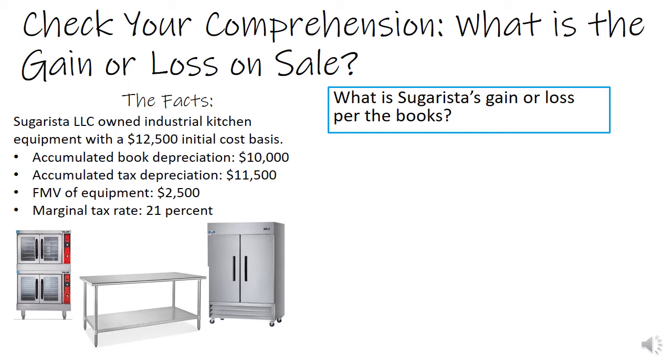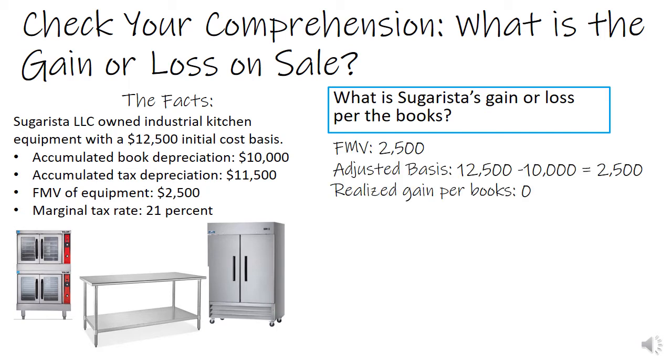So first, what is Sugarista's gain or loss per the books? We're assuming that she could, on the open market, collect $2,500 in cash, which is the fair market value of the property. So we'll assume that is the selling price.